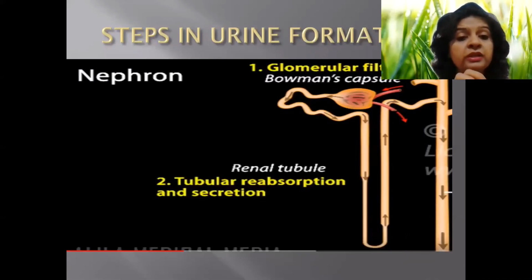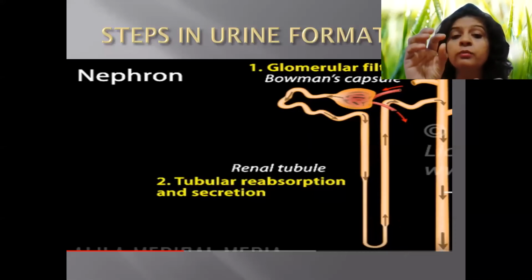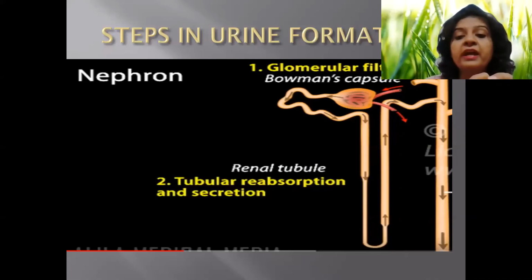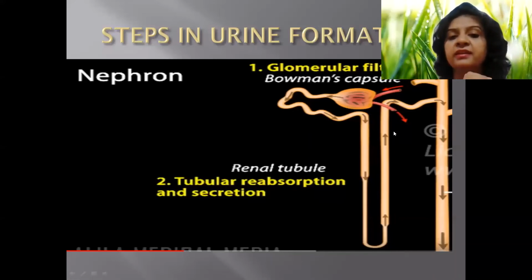The reabsorbed things, now the filtered content moves from the loop of Henle to the upper position, that is the DCT, where the secretion of the things occurs. Now the urine so formed is acidic in nature.